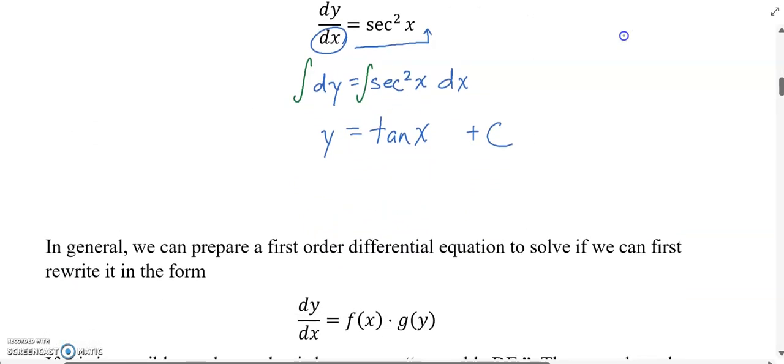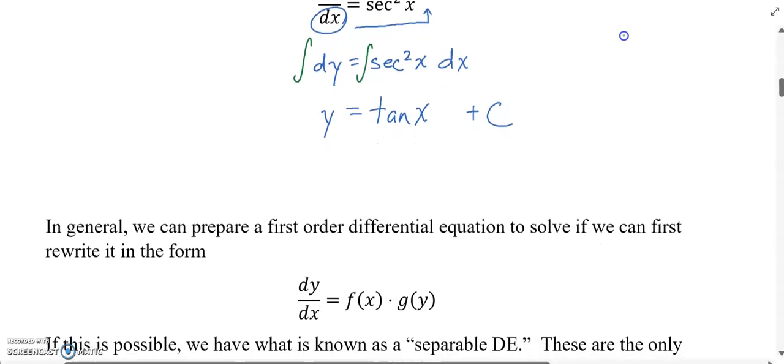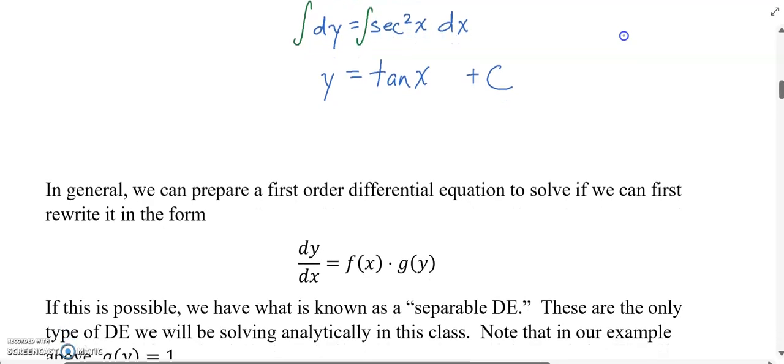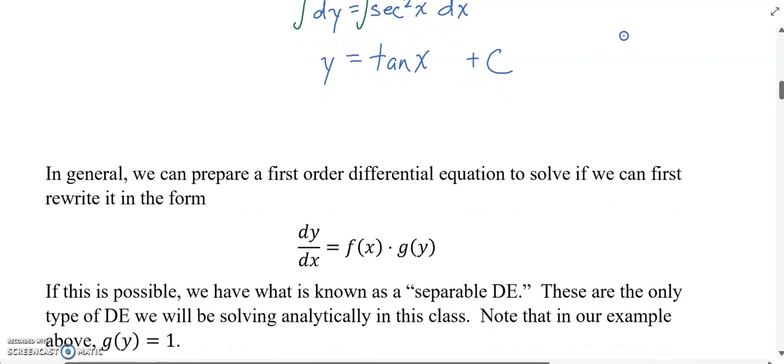So a differential equation is called separable if we can first write it in the form f of x times g of y, where f is some function of x and g is some function of y. If you take a look at this previous example, you don't see a g of y on the right side of the equation, but if we don't see a g of y, then we'll just call that g of y equal to 1. Who cares, right? Multiplying by 1 and nothing's going to happen.